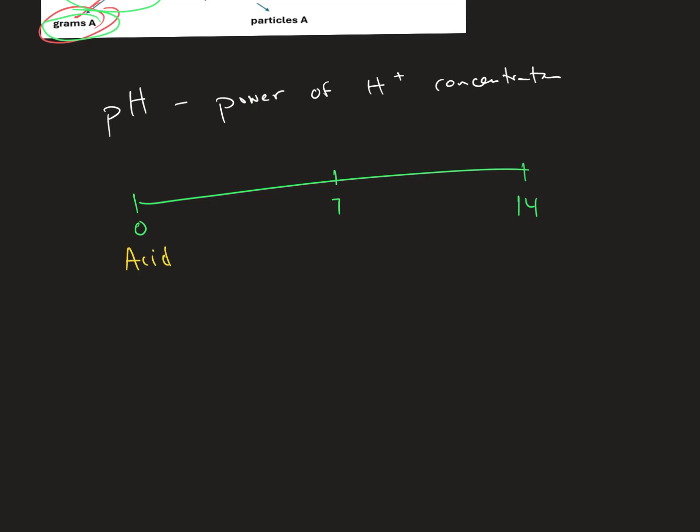So if we have a pH of 0, this is the strongest acid we could have. And a pH of 14, that's the strongest base we can have. I don't know if that's 100% true, but I believe it is. I don't think we ever get to 0 and 14 even. So I think we're good. And 7 is neutral.